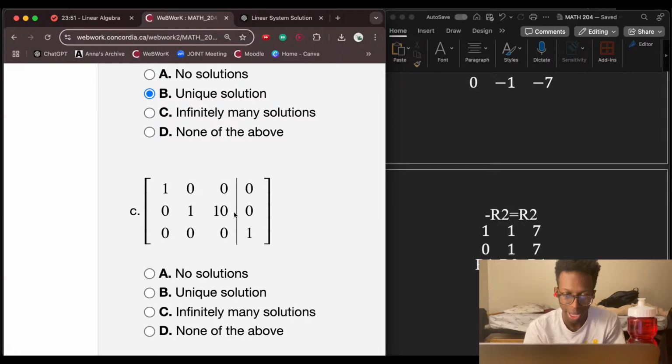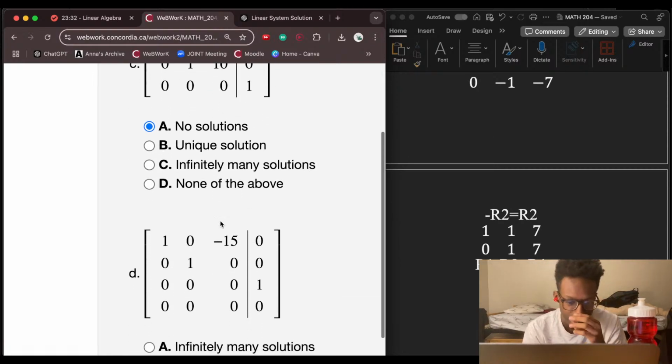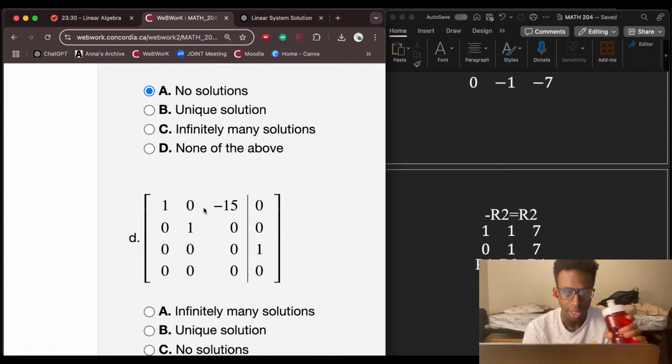Then for this one, we have 3 different rows. We have 1, 0, 0, and then this one, and then we have a 0, 0, 1. Because of that, we can say no solutions, because there's no way that 0x can be 1. It just doesn't make sense. So we'll put no. Then for this one, once again, we have zeros here, so we disregard this.